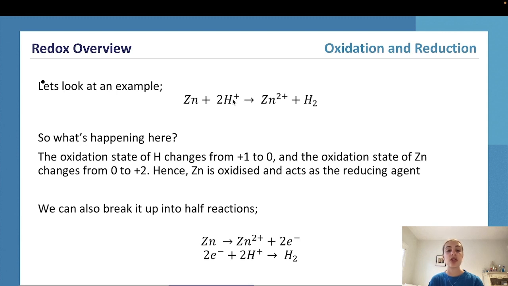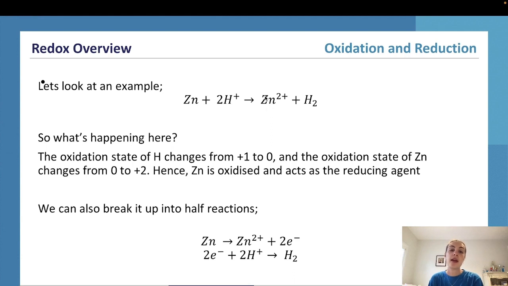And so we can see it's changing from +1 to 0, and then our oxidation state of zinc is changing from 0 to +2. This is going to be 0 because it's entirely made up of one type of element, and so that's rule 1.